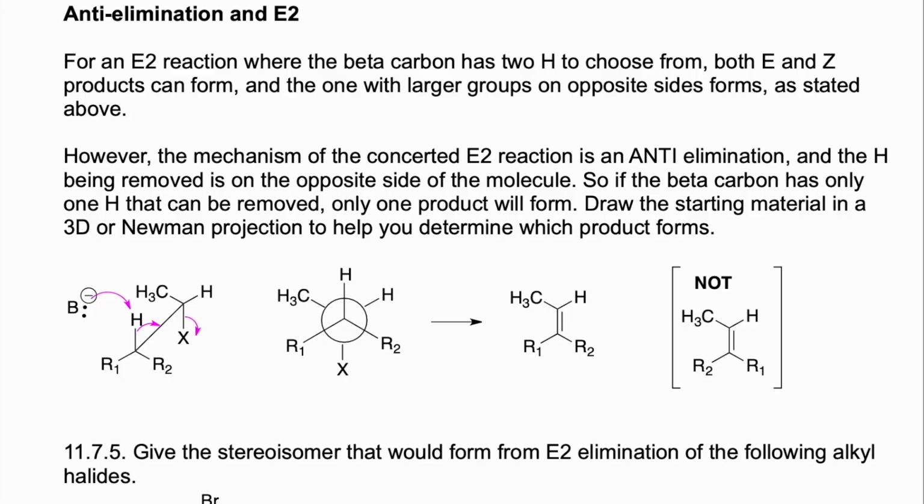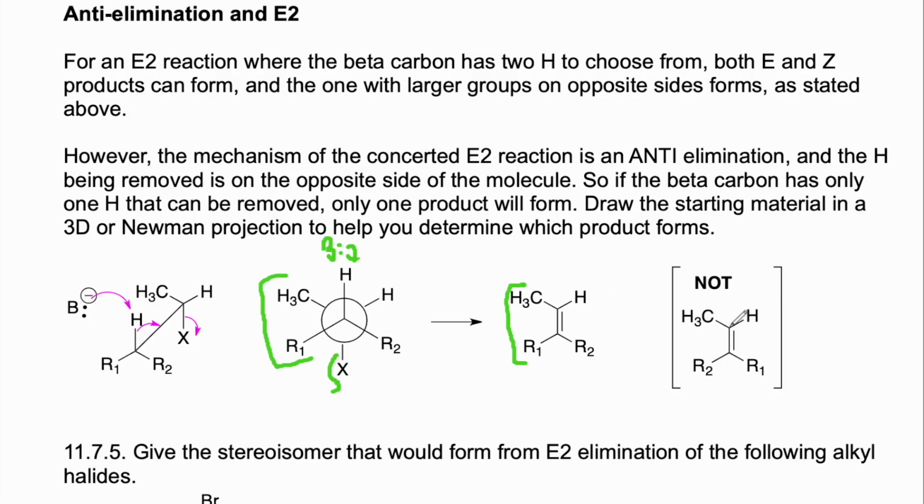You'll notice that the R group, R1, is on the same side as the methyl group, whereas R2 is on the same side as a hydrogen when it's in this anti position, having the base come in here and the leaving group leave from the opposite side. So when you form the alkene product, you have the one where the R1 group is on the same side as the methyl and the R2 is on the same side as the hydrogen.